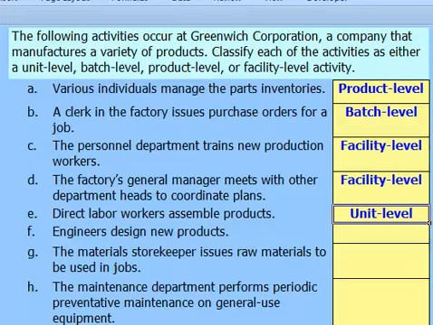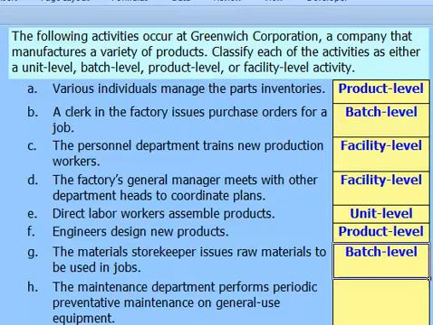Engineers design new products. We need to spend a certain amount of design time on each product, so that's going to be product related. The material storekeeper issues raw materials to be used in jobs. We don't get raw materials every time we make one more unit. We go, hey, I need another 2x4. Hey, I need another piece of steel. We do it on a batch by batch basis.